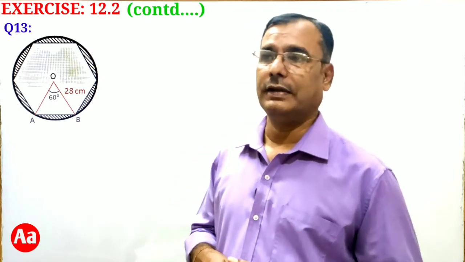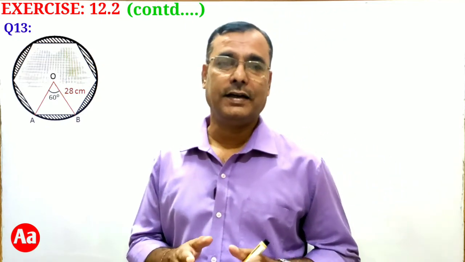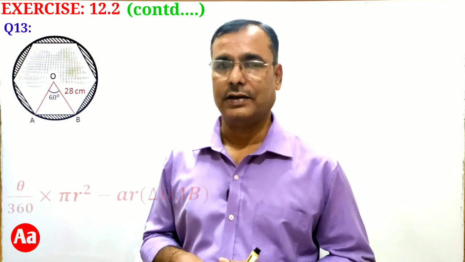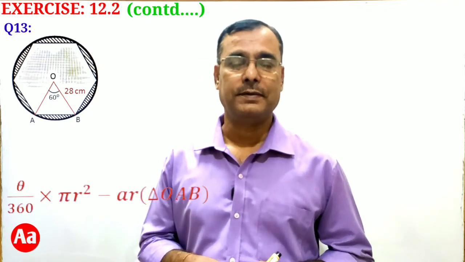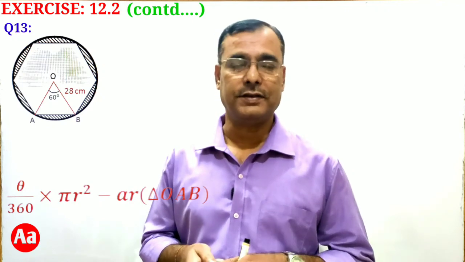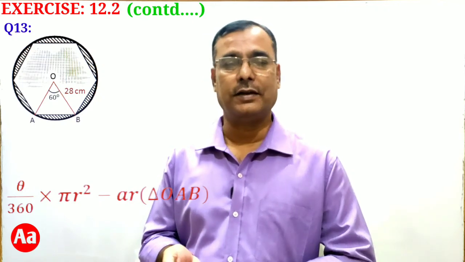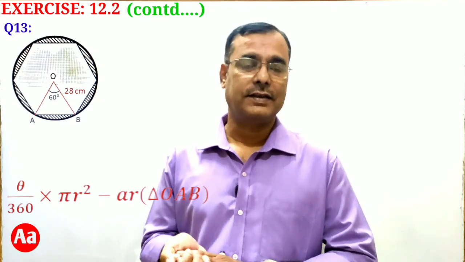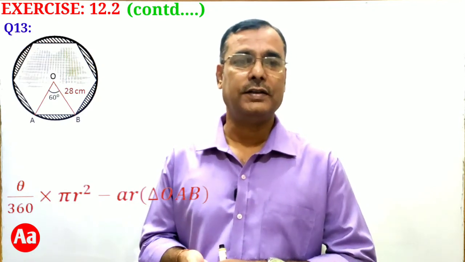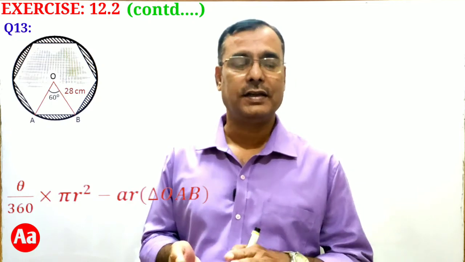So first we'll find the area of 6 designs. The cost is already given, rupees 0.35 per centimeter square. Thereafter we can calculate the cost of making these 6 designs at the rate of rupees 0.35 per centimeter square.